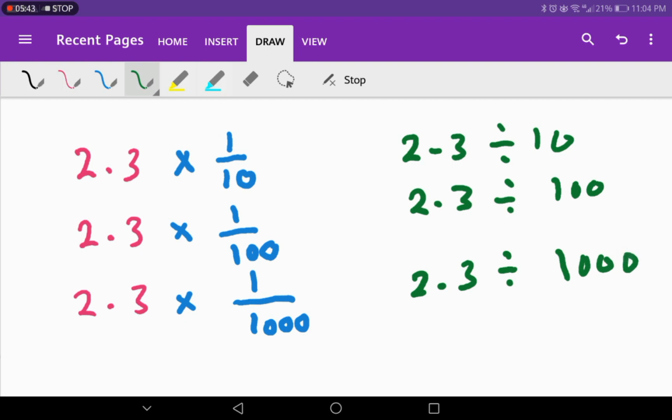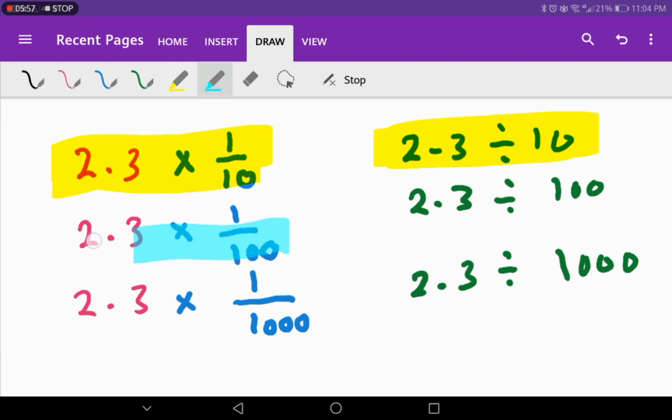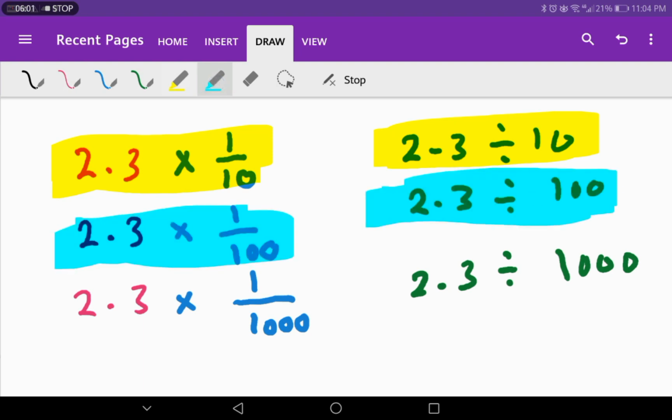Okay, if we divide, so teacher, this one, it is the same of this one? Yes, my boy, don't hesitate to say that, okay? And this one, it is the same like this one? Yes. And the last one also? Yes, my dear student.